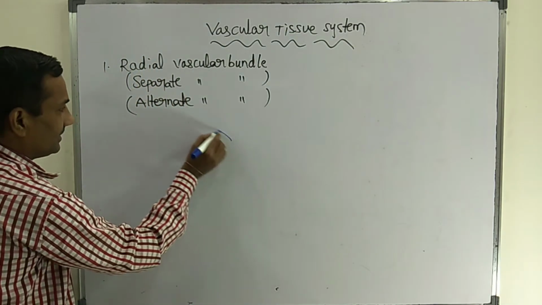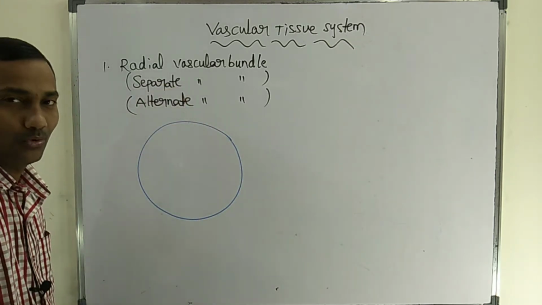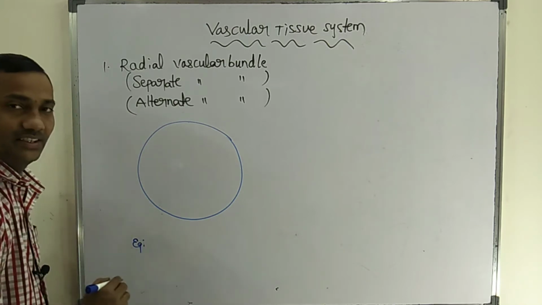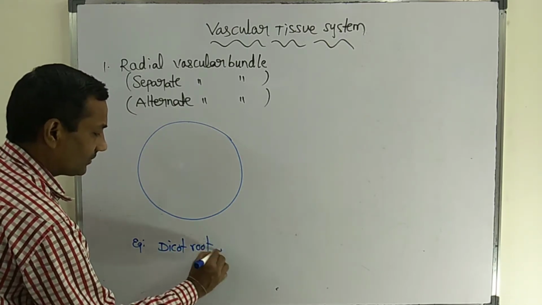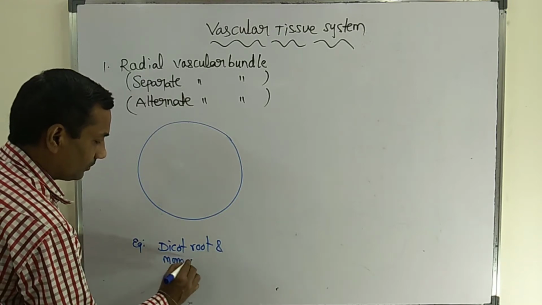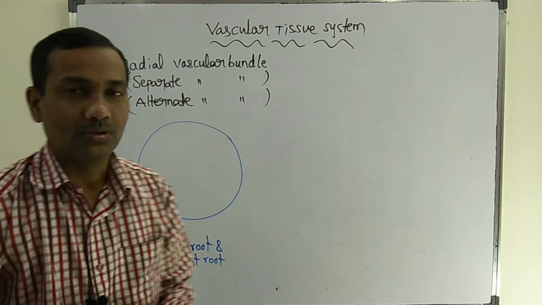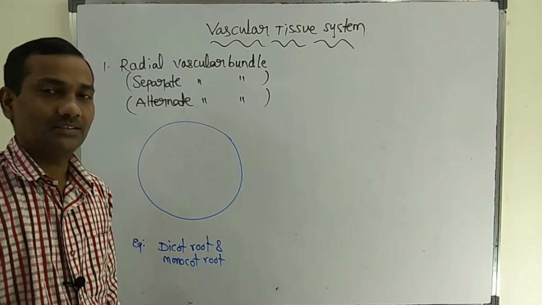It is seen in the stele of the root. Radial vascular bundles can be seen in dicot root as well as monocot root.